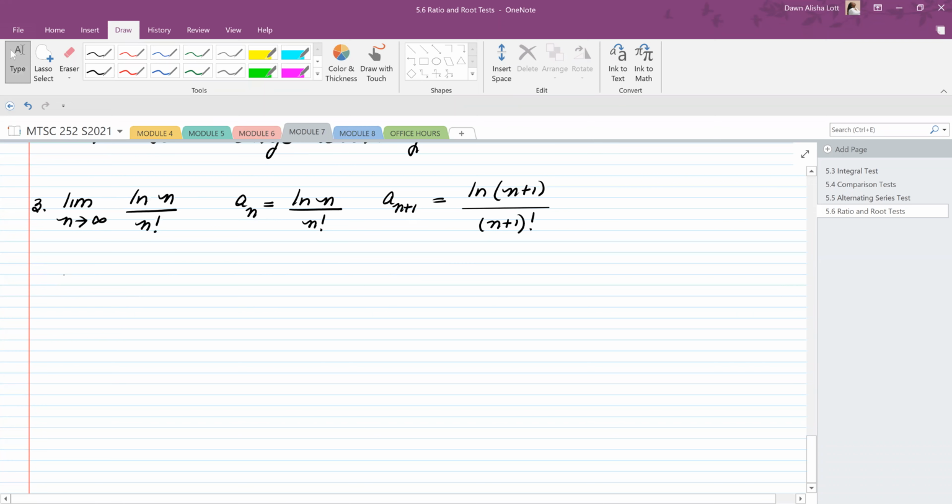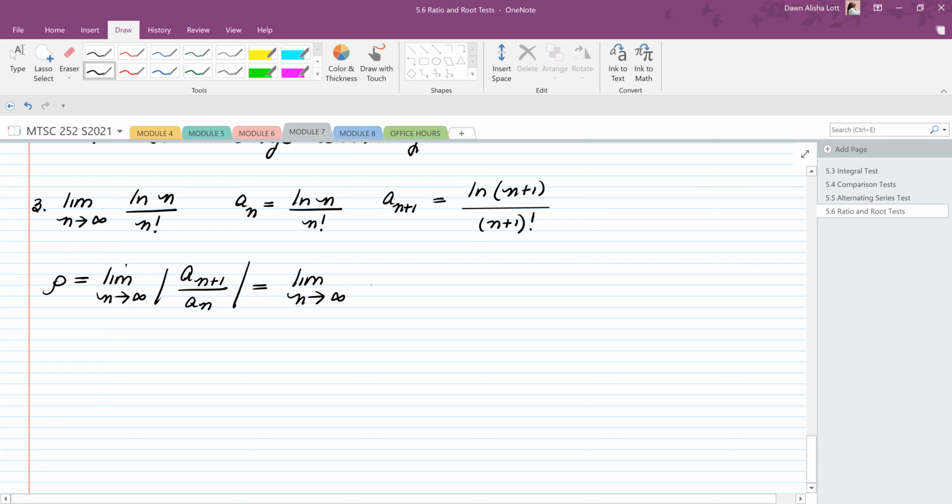So rho, the limit as n approaches infinity of the absolute value of a_(n+1) over a_n, and that's the limit as n approaches infinity. Don't need absolute values because everything is positive.